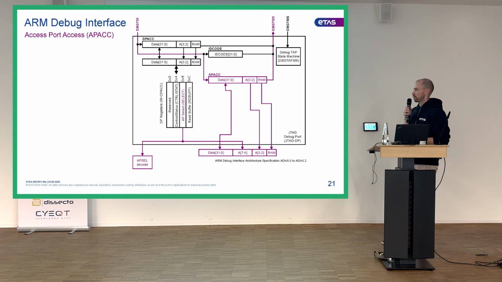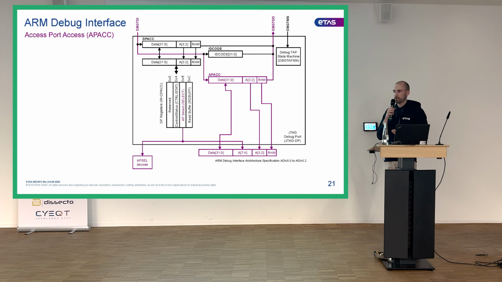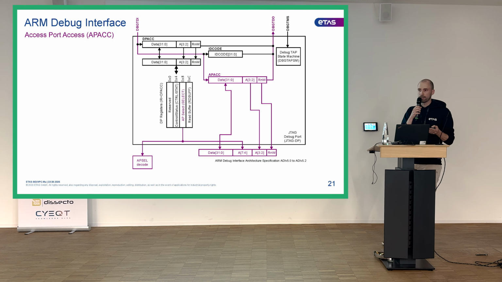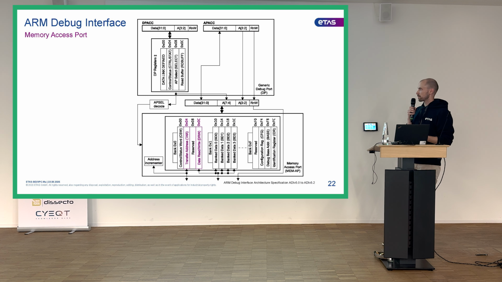And through this AP selection, I can tell it which of the multiple access ports that can exist in my device I want to access. So basically, I can read or write one of 64 32-bit registers inside this access port.